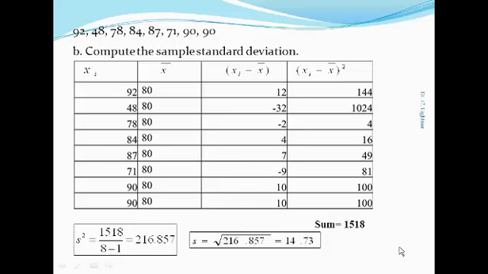When computing your sample standard deviation, you should have completed a chart that looks like the chart presented on this slide. Your sample variance should have been 216.857, and your sample standard deviation should have been 14.73.